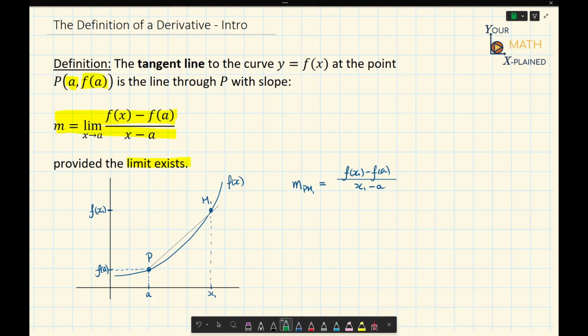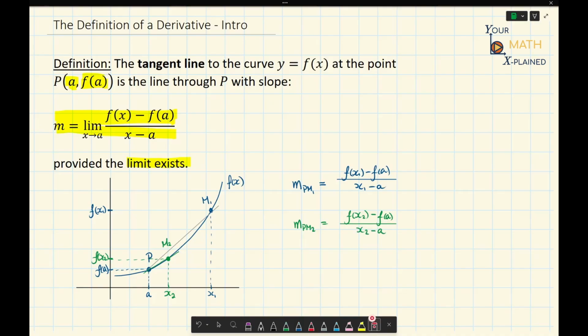So let's say we have another point, we're going to call this M2, and we've brought it closer to P. So this one is going to have an x value of, let's call it x sub 2, and then it's going to have a y value of f of x2. So the slope of the secant line between P and M2, let's call that m sub P M2. That is going to be, again, the difference in their y value, and that's now going to be f of x2 minus f of a over the difference in their x value, which is x2 minus a.